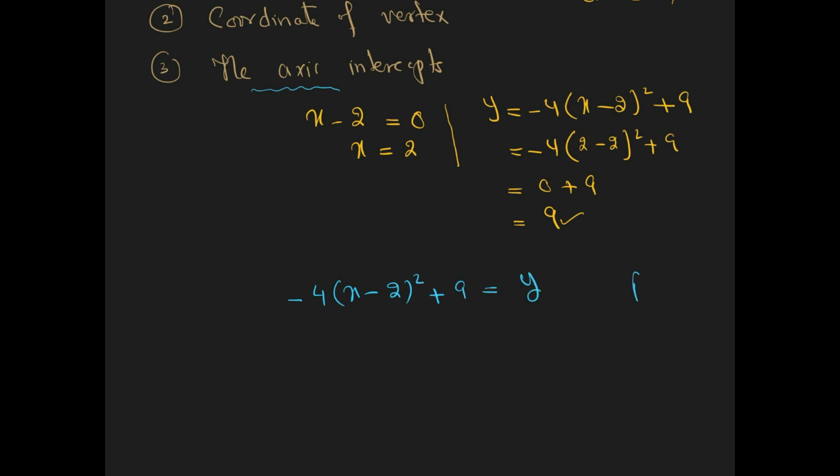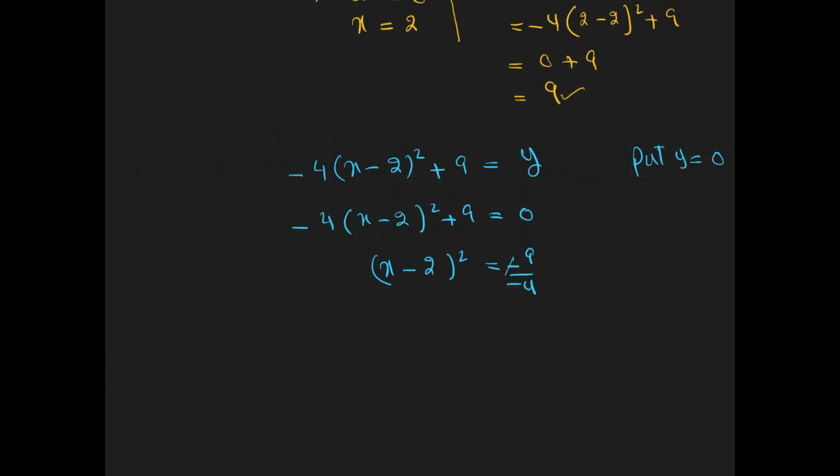We insert y equal to 0 first. So, we get minus 4 (x minus 2) whole squared plus 9 equals 0, and solving this, you get (x minus 2) whole squared equals minus 9 over minus 4, which, cancelling negative and negative, is 9 over 4. Then taking the square root, you get x minus 2 equals plus or minus 3 over 2.